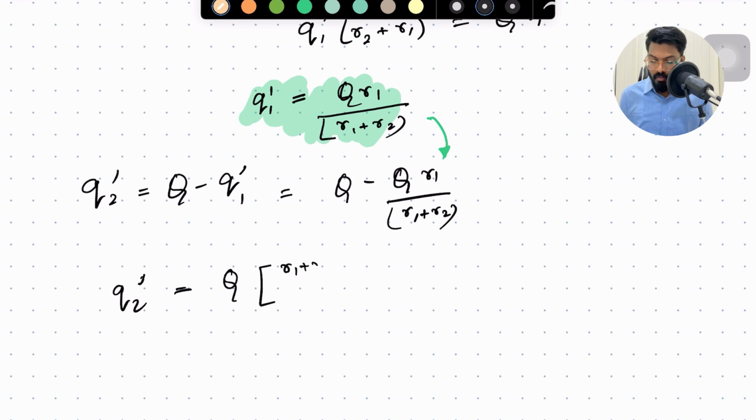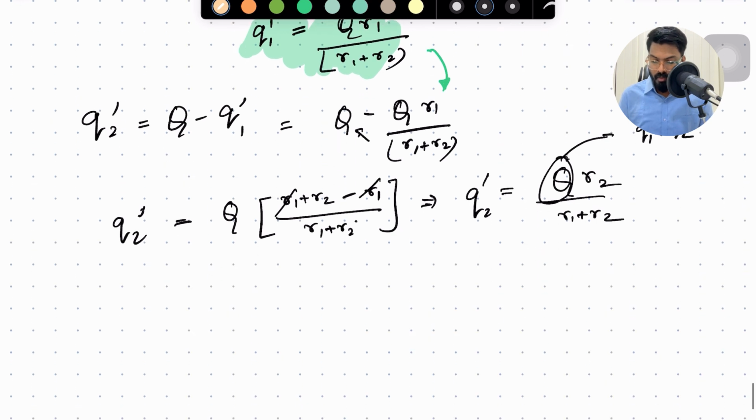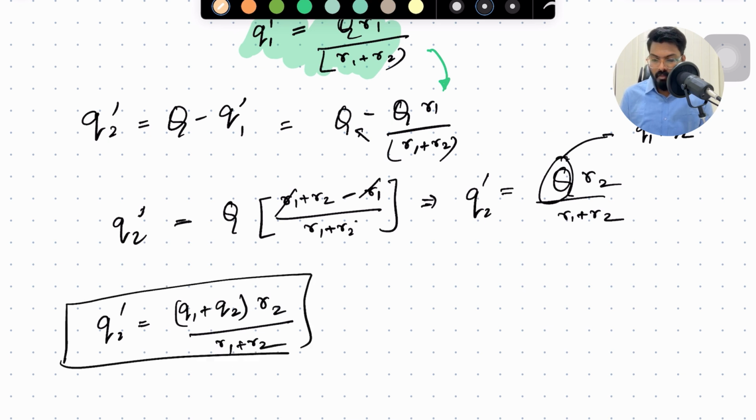We get R1 plus R2 in the numerator minus R1, divided by R1 plus R2. That simplifies to Q2 dash equals Q into R2 by R1 plus R2. Q itself is nothing but Q1 plus Q2. So we can write Q2 dash equals Q1 plus Q2 multiplied by R2 by R1 plus R2. That is the result we are looking for.